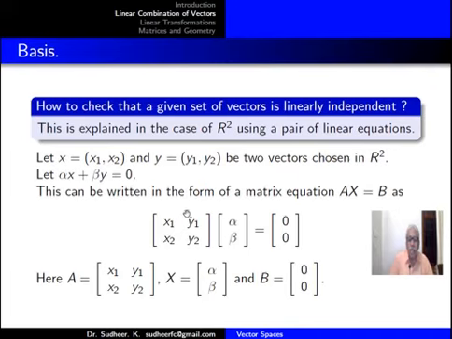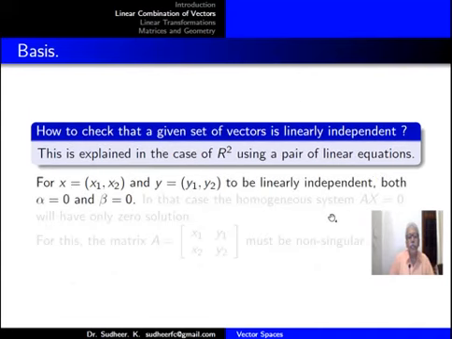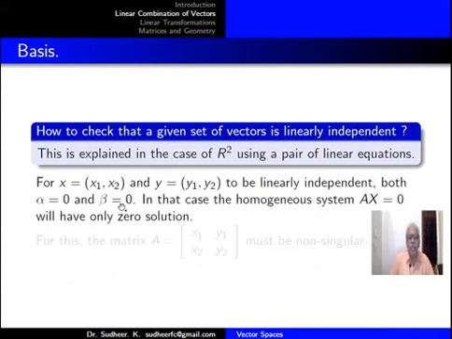Here, taking the coefficient matrix [x1, y1; x2, y2] as A, capital X to be the column matrix (alpha, beta) and capital B equal to the column matrix (0, 0), the given situation, that is alpha x plus beta y equal to 0, the linear combination equal to 0, takes the form of the matrix equation AX is equal to B. Now, for x equal to (x1, x2) and y equal to (y1, y2) to be linearly independent, from the above linear combination we should get both alpha and beta to be 0.